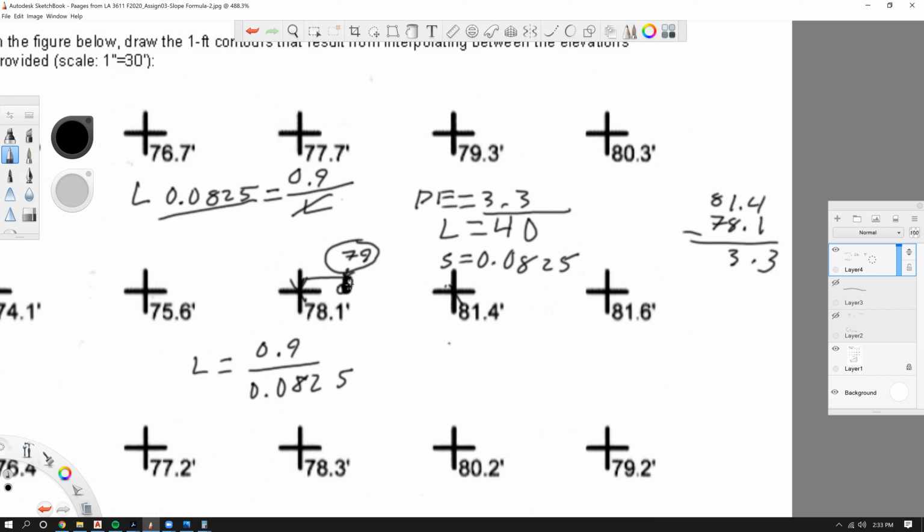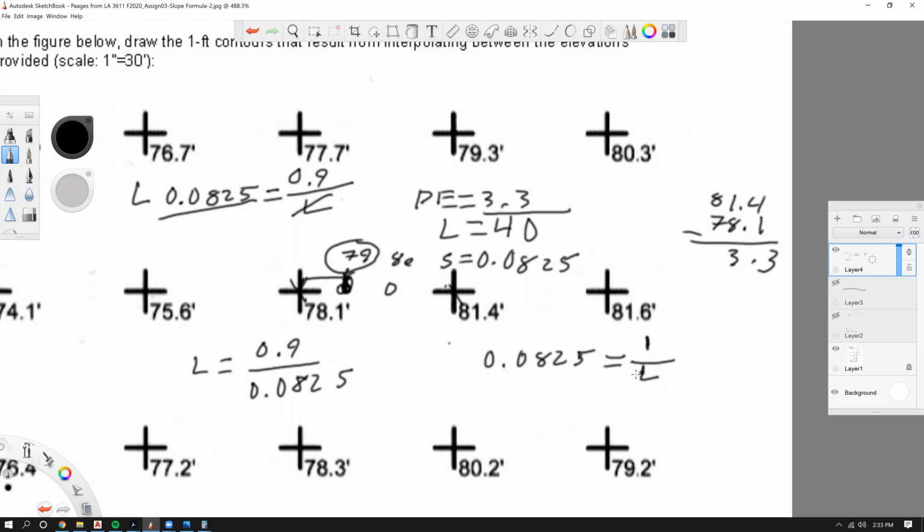Now, to figure out the distance from 79 to 80, which is going to be over here, you're going to do the whole thing over again, right? You have your 0.0825 slope. It's the same slope because we're dealing with the same slope from this point to this point. The difference in elevation this time is 1 because we're going from 79 to 80, over L. We have to figure out that length.